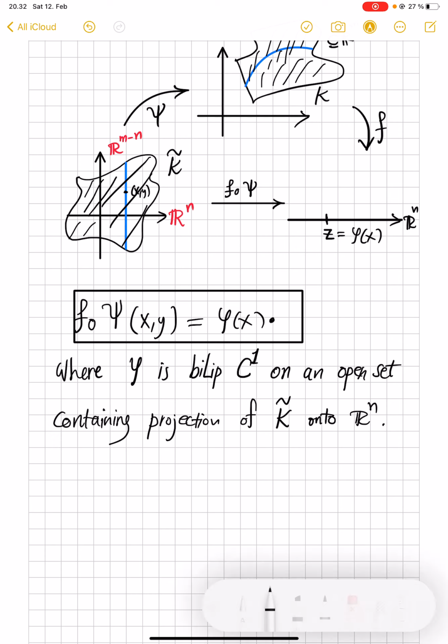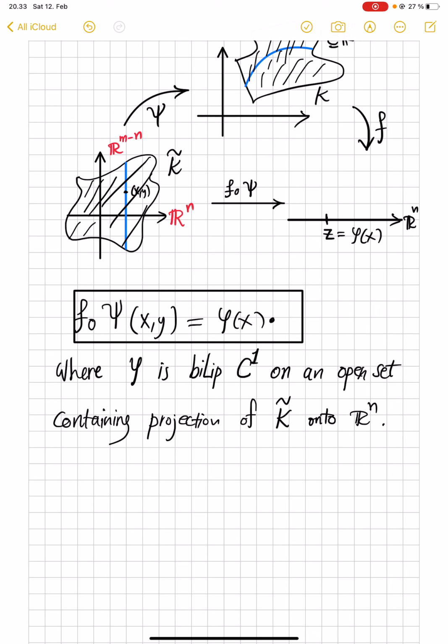The last technical thing we need, which we covered in our study of the linear algebra behind the Coarea factor, was a chain rule for the Coarea factor.